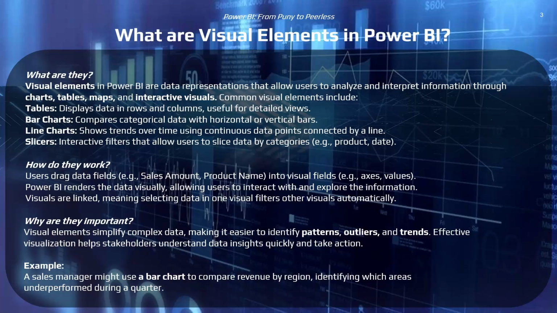Visual elements simplify complex data, making it easier to identify patterns, outliers, and trends. Effective visualization helps stakeholders understand data insights quickly and take action. Example: a sales manager might use a bar chart to compare revenue by region, identifying which areas are underperforming during a quarter.